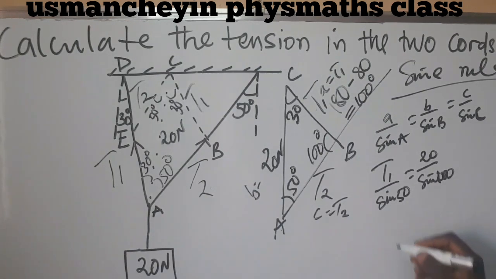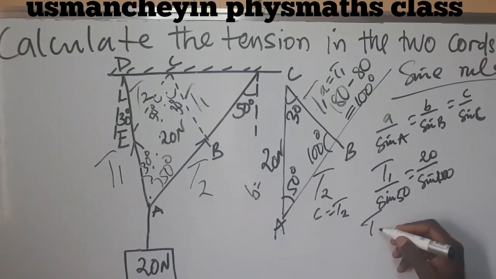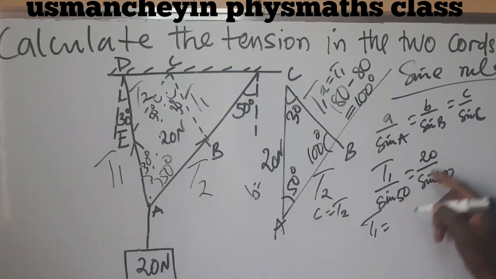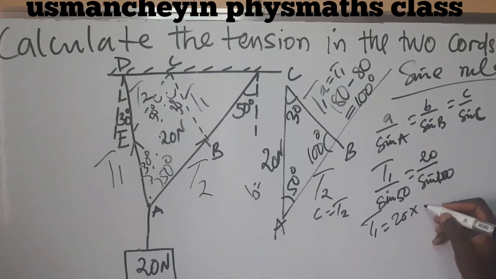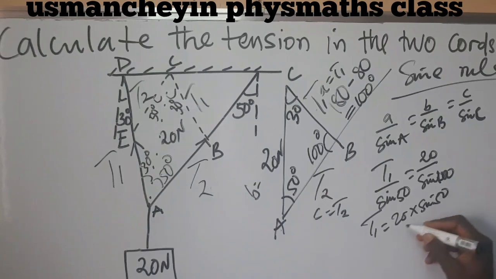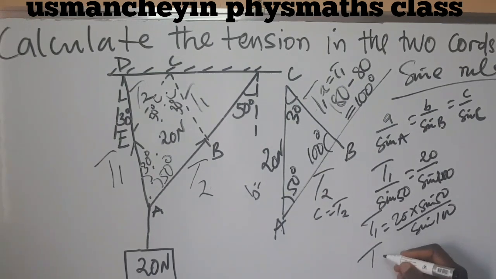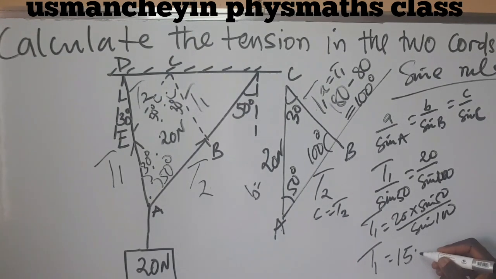So T1 will be equal to 20 times sine 50 all over sine 100. If you evaluate it using your calculator, it will give us 15.55. Okay, so 15.55 is our T1.